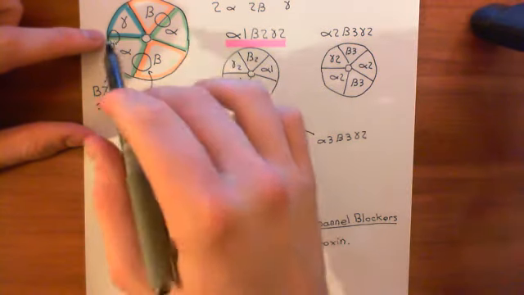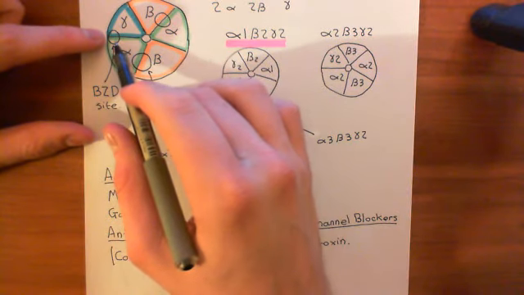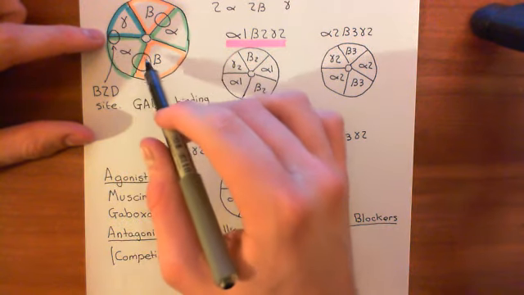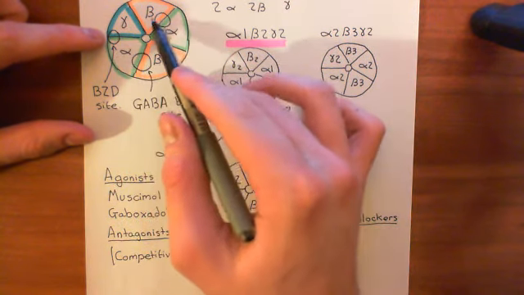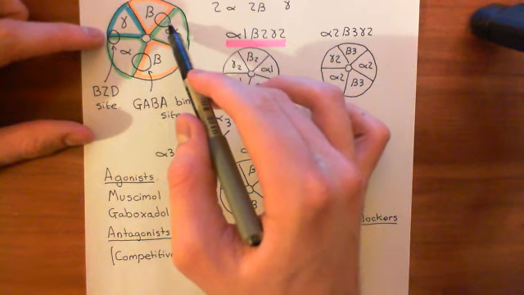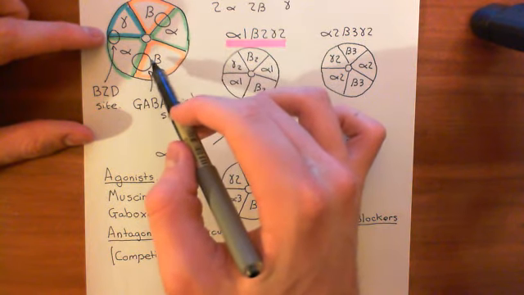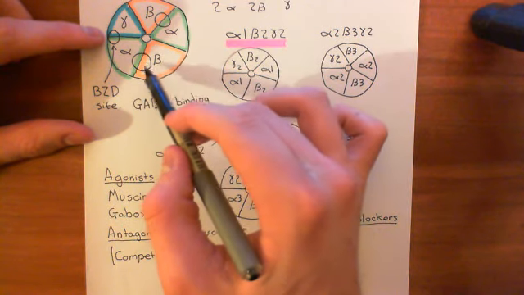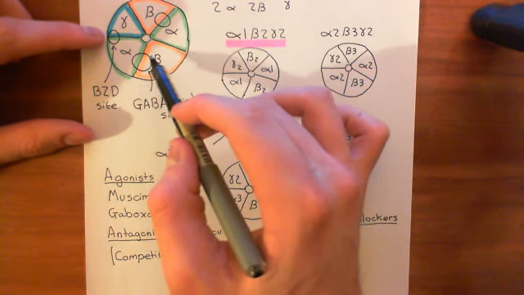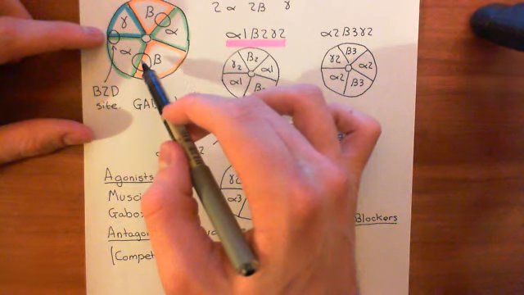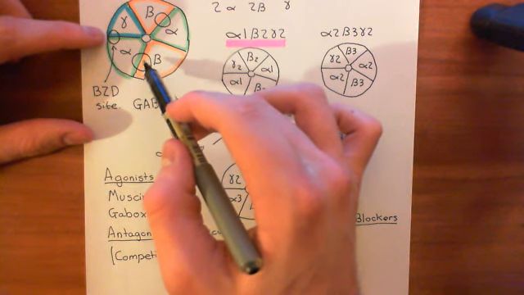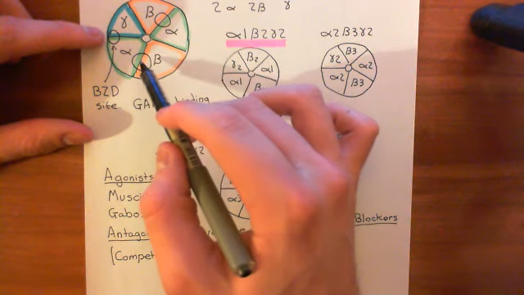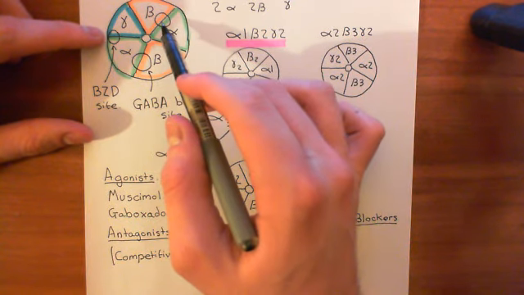When a benzodiazepine is bound in the benzodiazepine site, it causes conformational changes in these GABA binding sites on the GABA-A receptor. Now the affinity of this binding site for GABA, so how much GABA wants to bind, is going to increase. So GABA will bind here more readily.